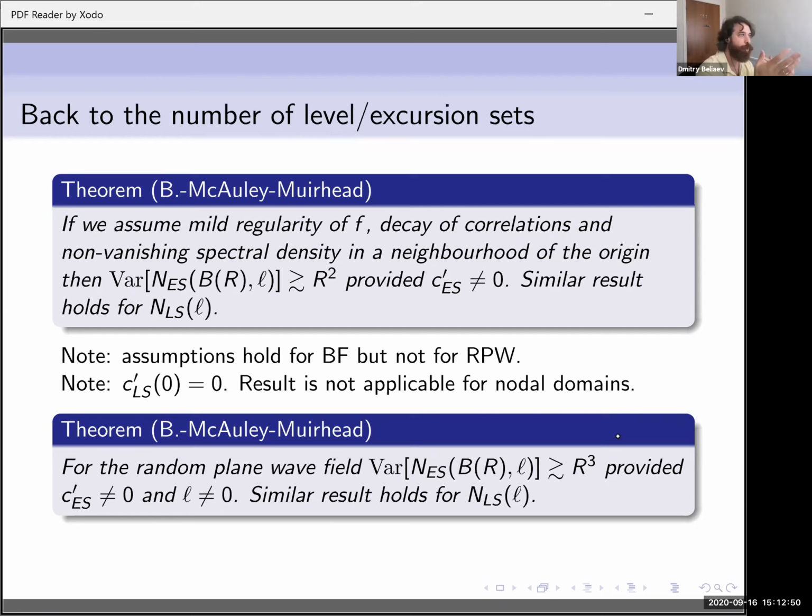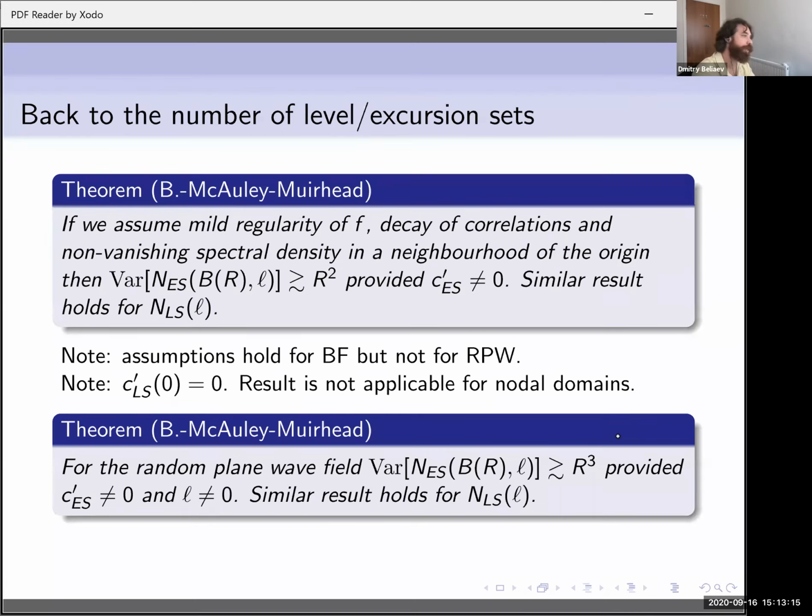And the same for level sets. If the corresponding C_LS has non-zero derivative, then the variance of the number of level sets is of order at least r squared. And an important thing is that our assumptions hold for Bargmann-Fock, but not for random plane wave.